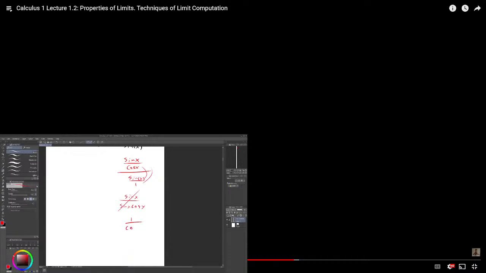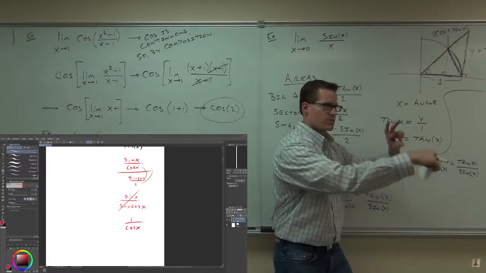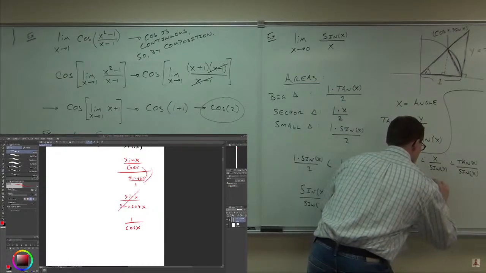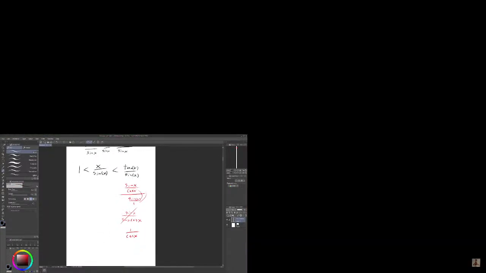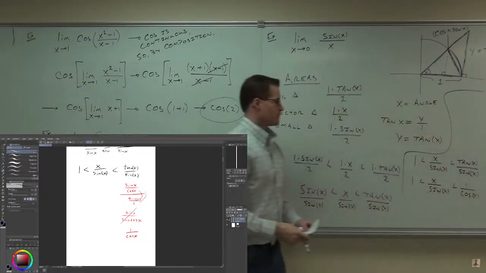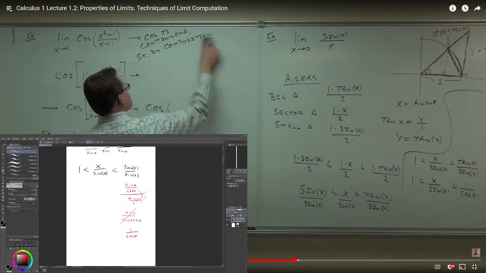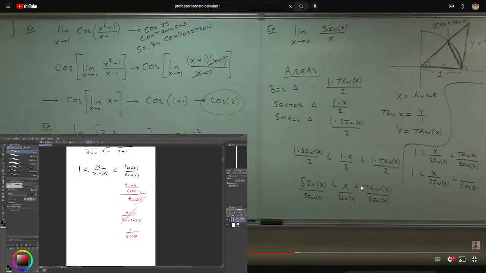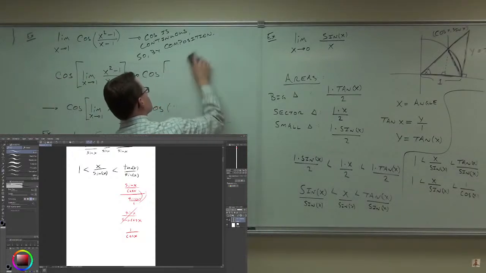The sines cancel out, leaving 1 over cos x. So you're going to get 1 over cosine. We're almost done.